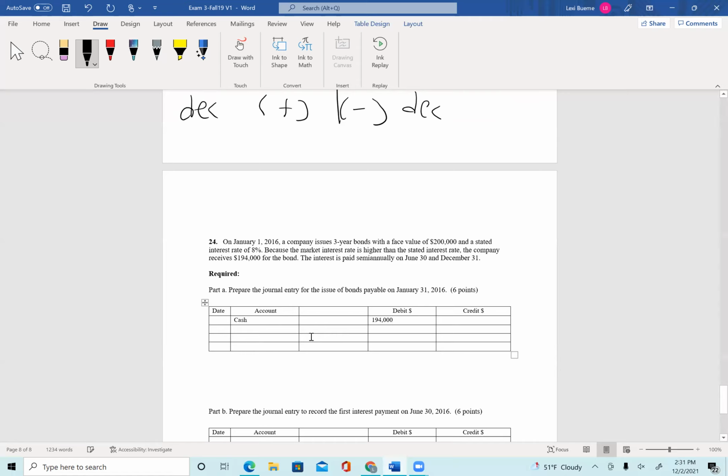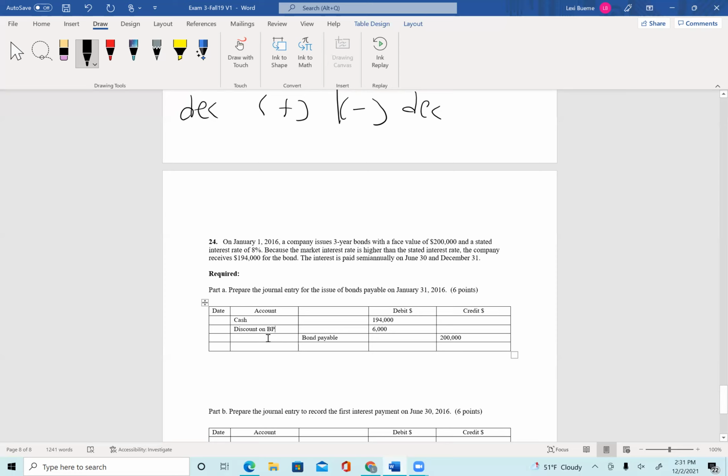And we also have our bonds payable, which is always our face value. So that's 200,000. See how we have a $6,000 decrease or discount to essentially get them to equal each other. So it's going to be a discount on bonds payable. And it's a debit, so then debits equal the credits.